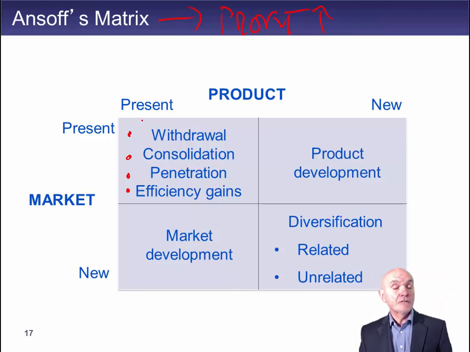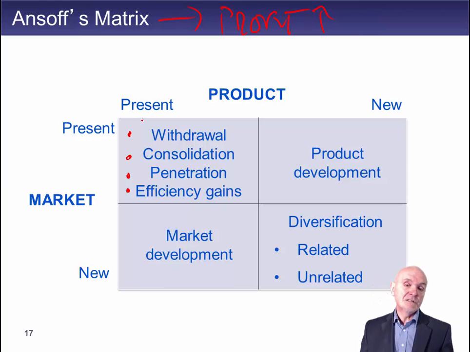Perhaps the market itself is loss-making, or perhaps it makes a small profit, but it's distracting you from where the bigger opportunities are. So you might do better by withdrawing from a market and concentrating your firepower somewhere else.